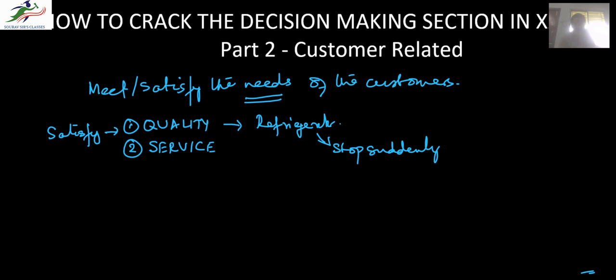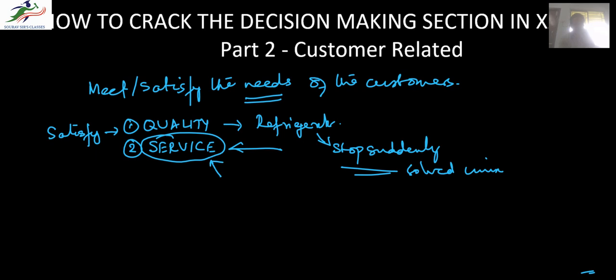The customer expects that his problem will be solved immediately. This is where service comes in. If you are not able to solve his problem quickly, then he will not buy any product from you again.